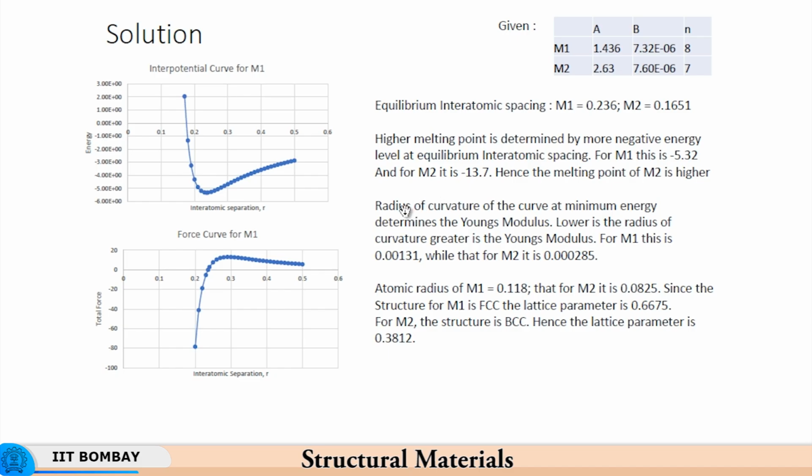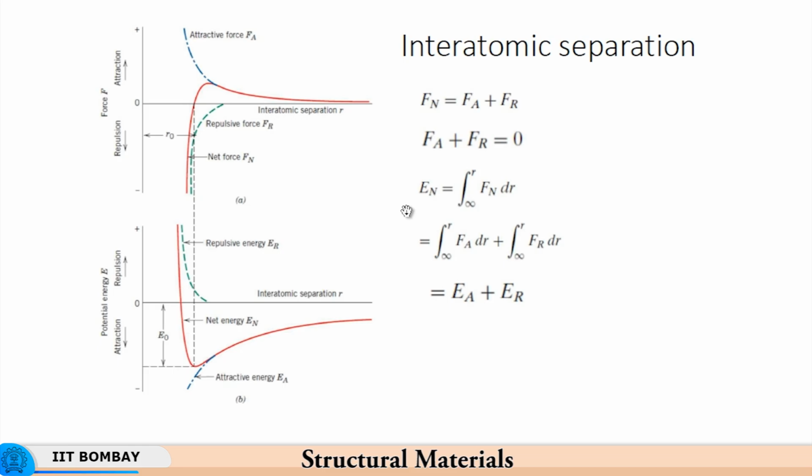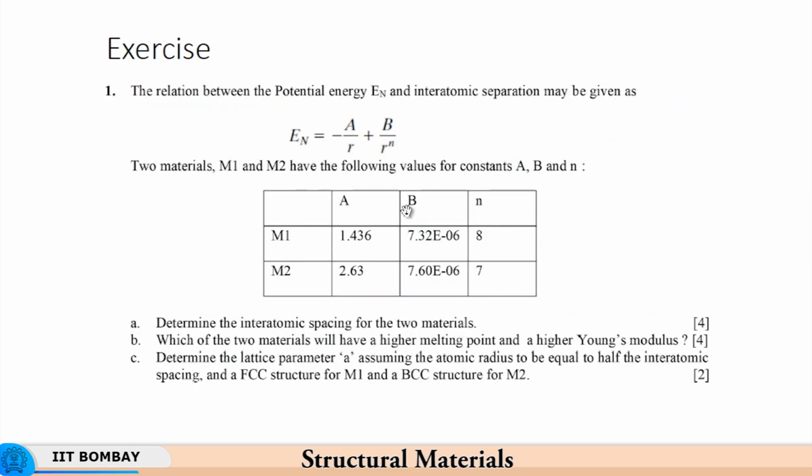Basically what you need to do is to differentiate the equation which is given here. So this energy equation has to be differentiated and equated to 0 to calculate the separation at 0 force, meaning the equilibrium interatomic separation.